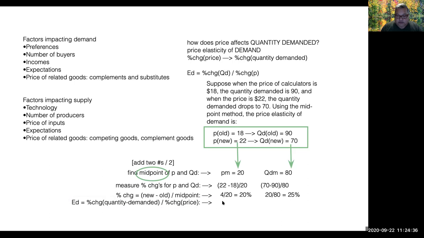And so ultimately, to get the elasticity of demand, we divide the 25% change in quantity by the 20% change in price.